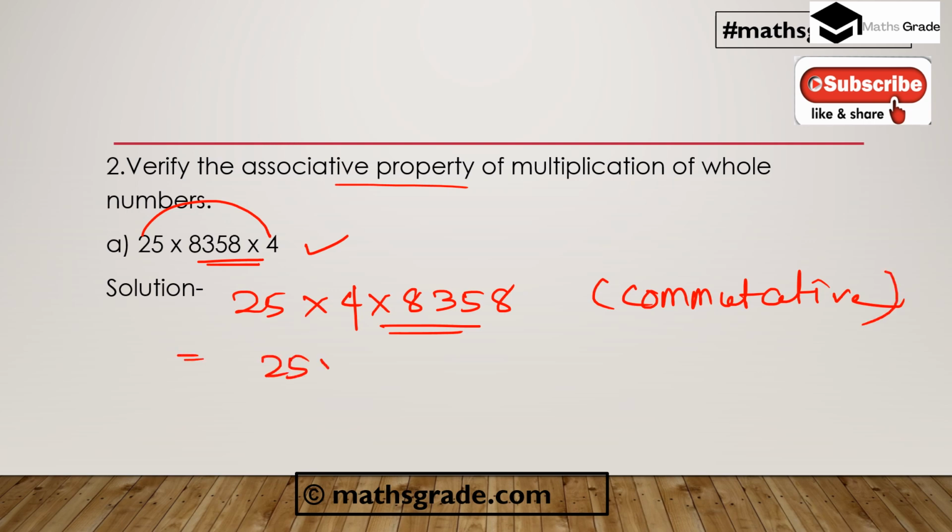Now 25 multiplied with 4. First we multiply 25 with 4, then we multiply with 8358. And this property is called the associative property of multiplication of whole numbers.